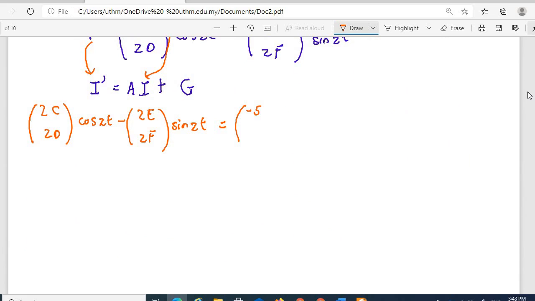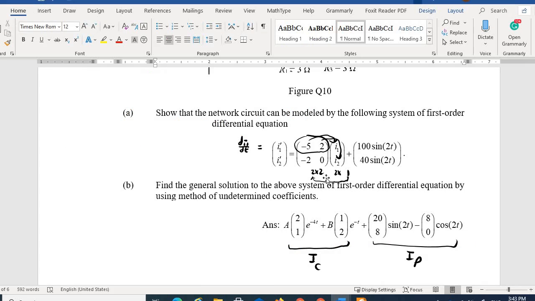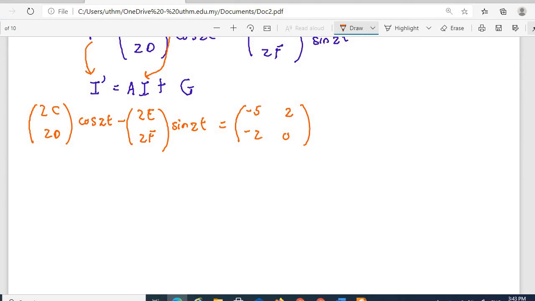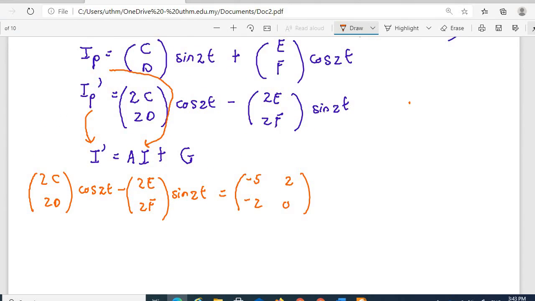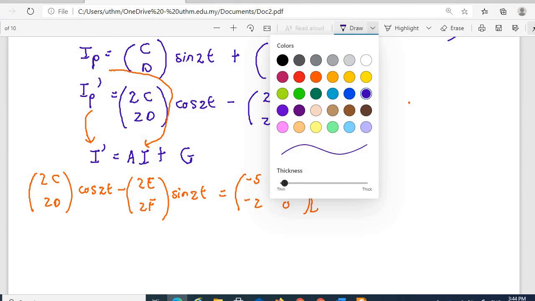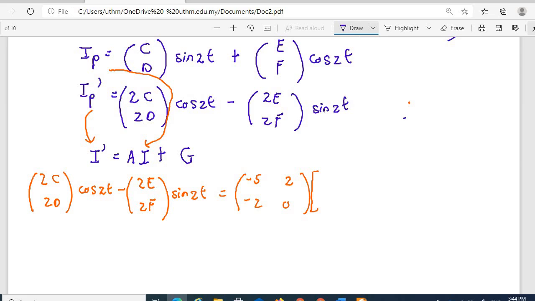I is replaced by the IP that we chose, where you have CD sin 2t plus EF cos 2t.